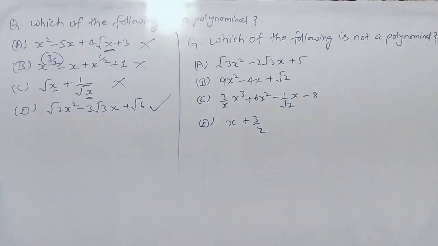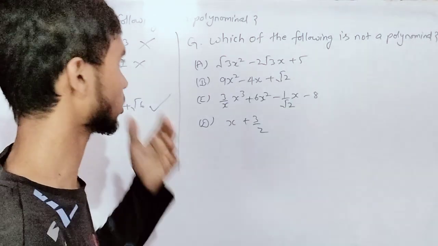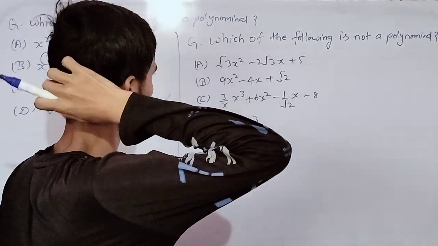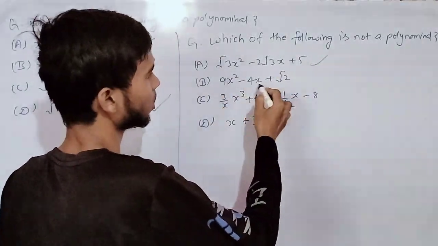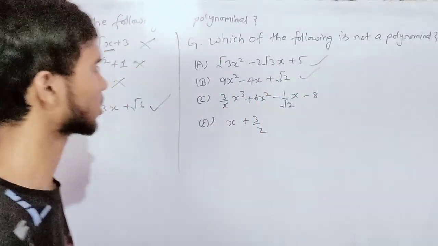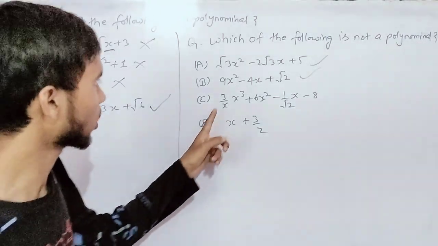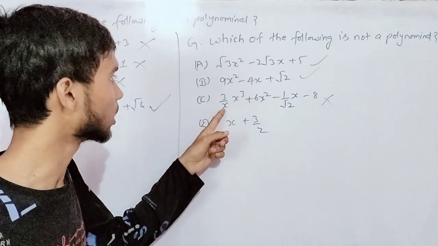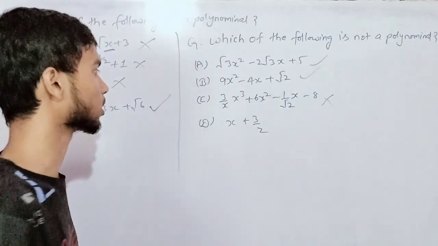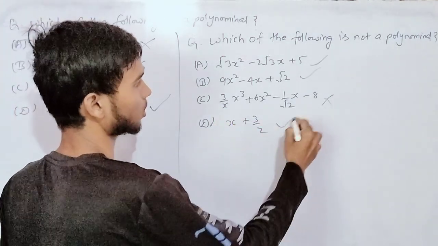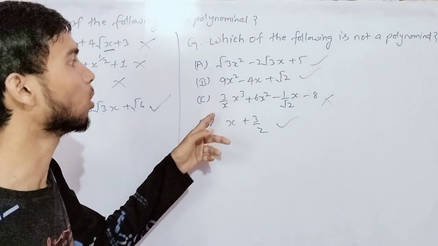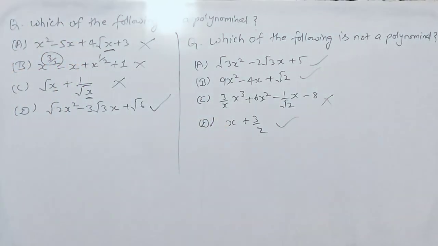It is asking which one is not a polynomial. So here it is a polynomial. It is also a polynomial, isn't it? Which one? I think it is not a polynomial because x came in place of a denominator. Why is this not a polynomial? Because x came in place of a denominator.